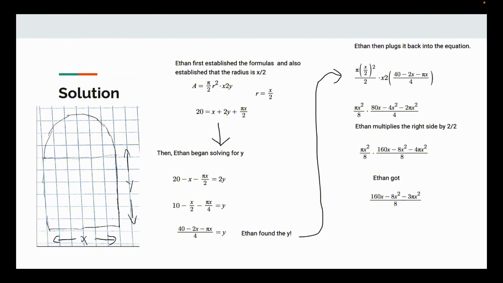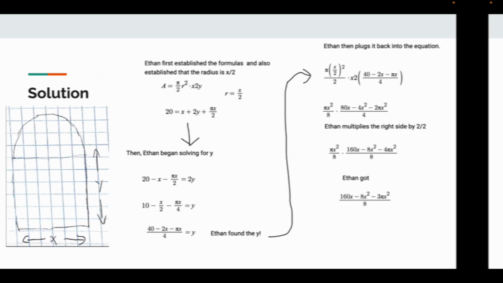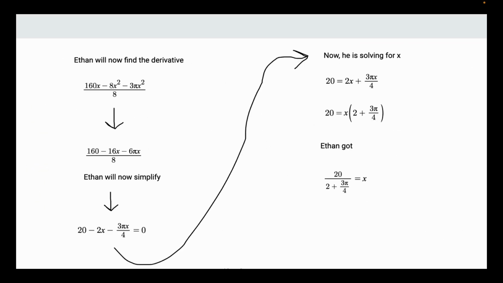So he began multiplying them together, and then he multiplied the right side by 2 over 2 to get that common denominator of 8. Once he got that, he combined them, and that resulted in 160x minus 8x squared minus 3 pi x squared all over 8. The next step for Ethan is to now find the derivative.